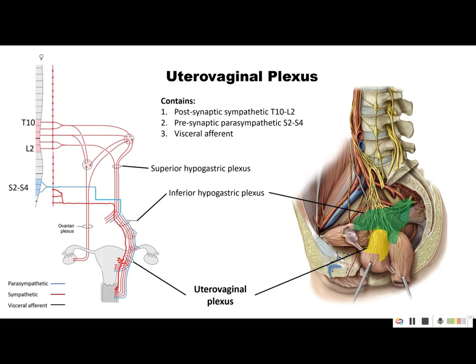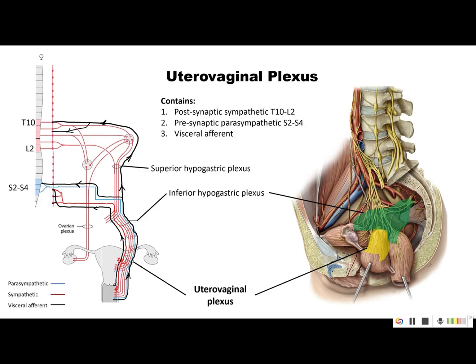Parasympathetic innervation originates in the S2 to S4 spinal cord segments and passes through the pelvic splanchnic nerves to the inferior hypogastric uterovaginal plexus. The visceral afferent fibers to the uterus and the vagina are also a component of this plexus. The uterovaginal plexus travels with the uterine artery at the junction of the base of the broad ligament and the superior part of the cardinal ligament.